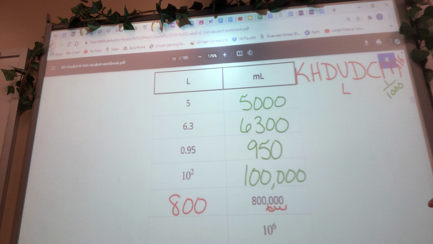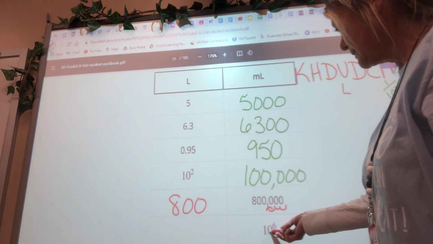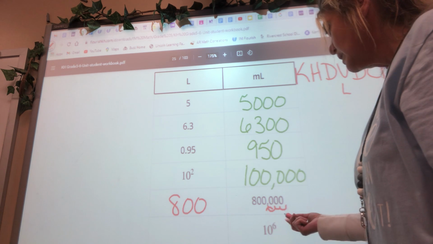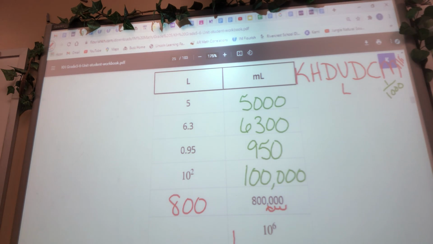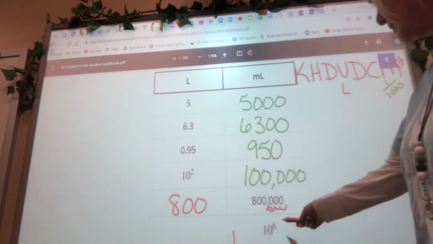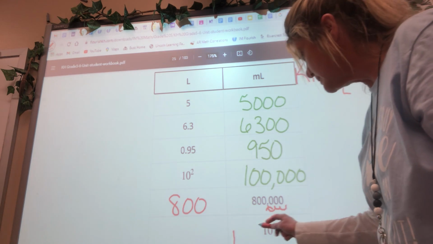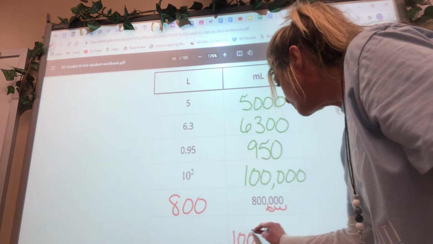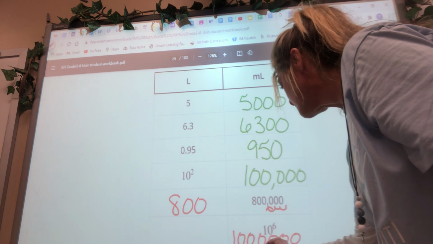All right, and then they give us this crazy number again, but remember, it just means 10 multiplied by 10 6 times. So we could just write down our base 1, and then the exponent tells us how many multiples of 10, and it's 6. So 1, 2, 3, 4, 5, 6.